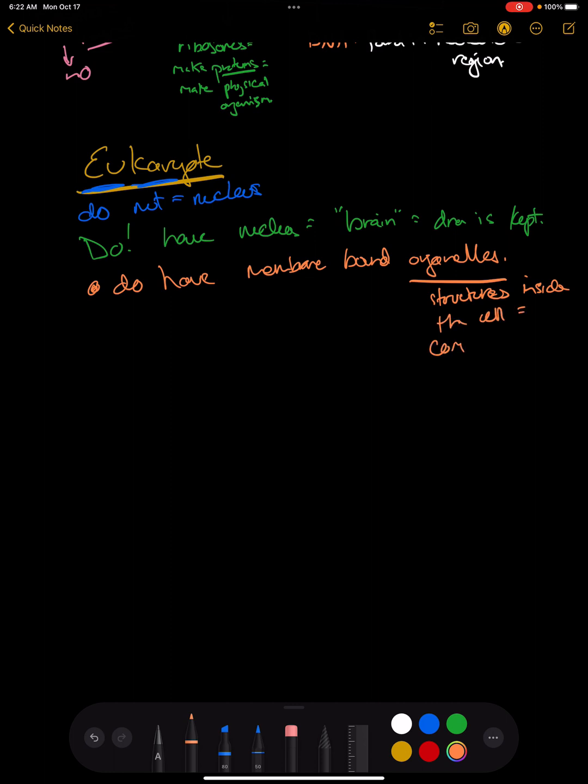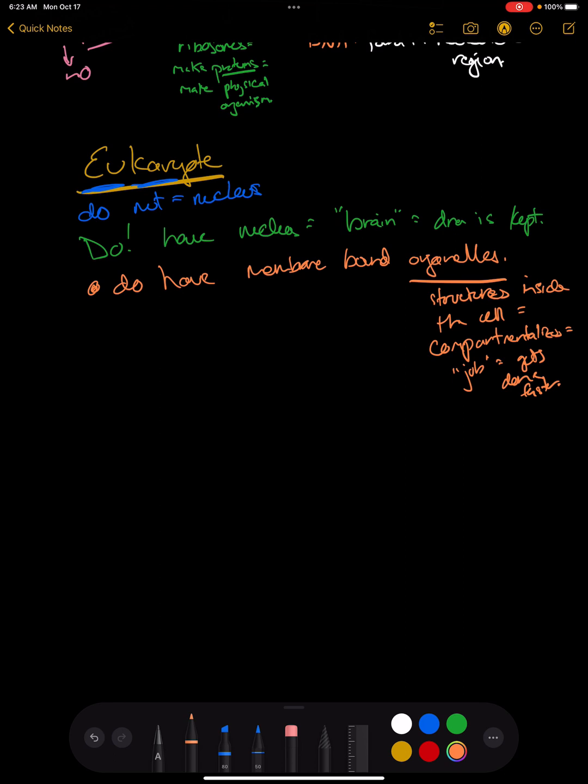Really what it does is it compartmentalizes things inside your cell, so that whatever that job is for the cell, it gets done faster. And when you think about compartmentalization, it's not really a hard concept.